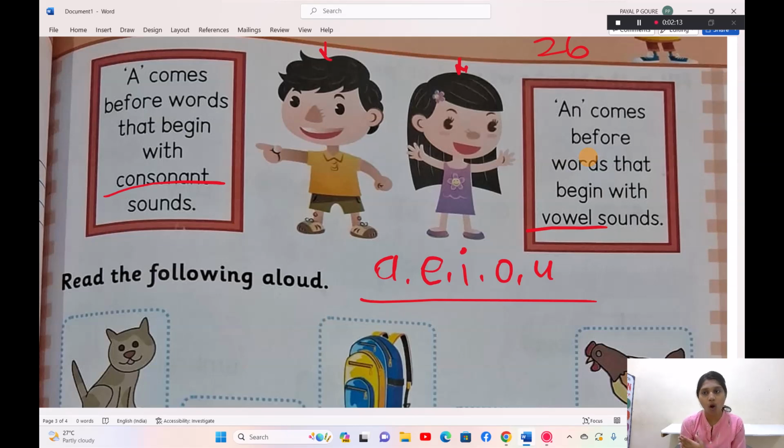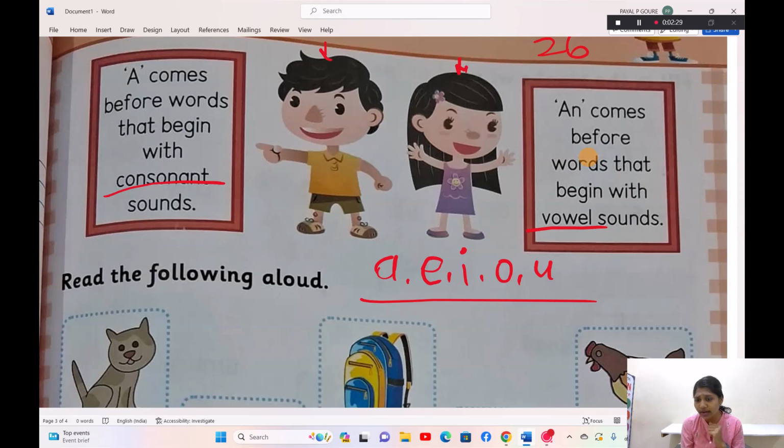Repeat with me: vowel sounds, A, E, I, O, U. So in vowels, how many letters are there? 5. A, E, I, O, U.